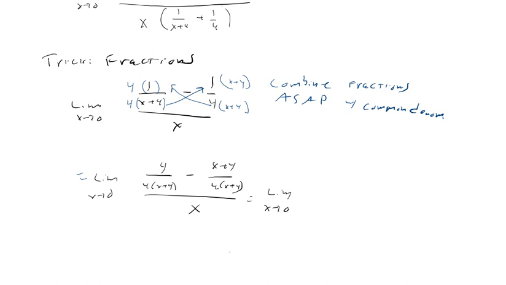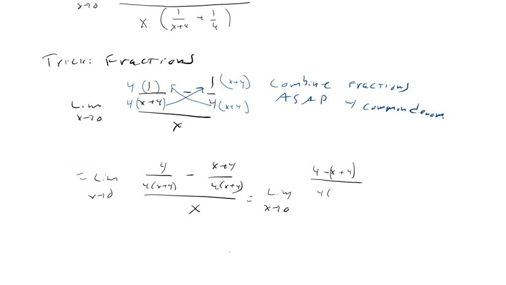And now these top pieces have the common denominators, right? 4 times x plus 4, 4 times x plus 4. I didn't multiply them. I mean, I could have. It doesn't matter. Let's just keep it simple. I'm going to combine these two top fractions into one. So it's going to be 4 minus x plus 4, over 4 times x plus 4, over x.